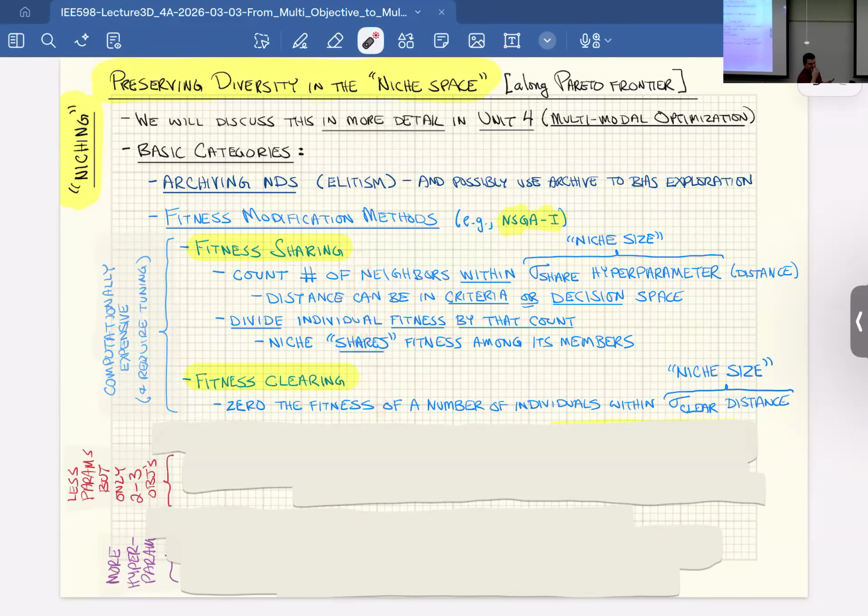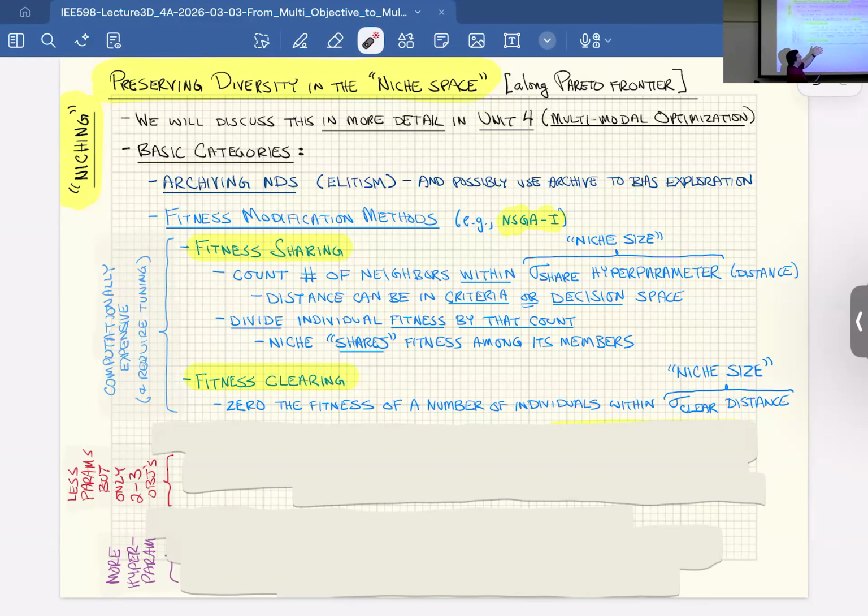Yeah, what is distance? Distance in genotype. When I get to multimodal, I'll have this all written out in a more formal way, but typically, though it doesn't have to be, it's in genotype space: the L2 norm between 2 genotypes.